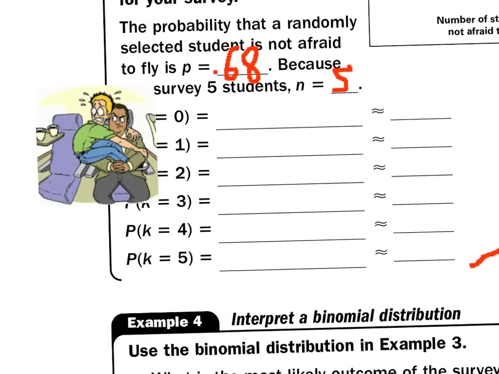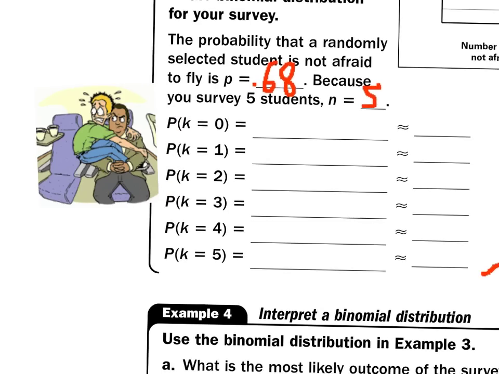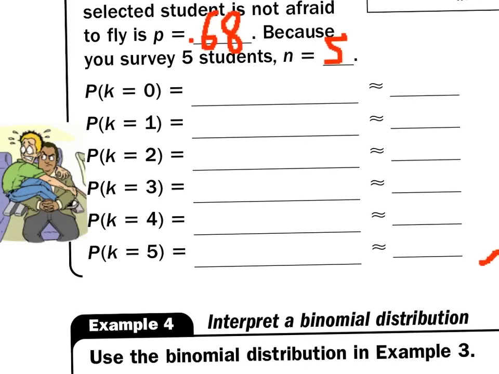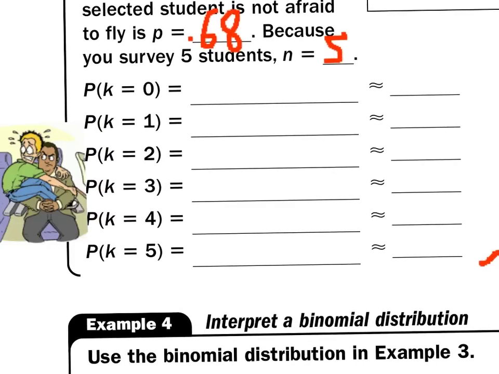It'll be easier for me to write if I can make it a little bigger. Get these guys out of here. Alright. So, we have 5 every time, 5 right here, little number 5. Okay? C.